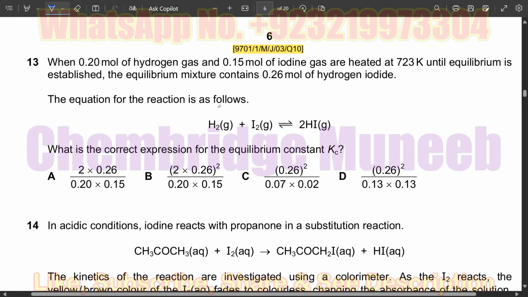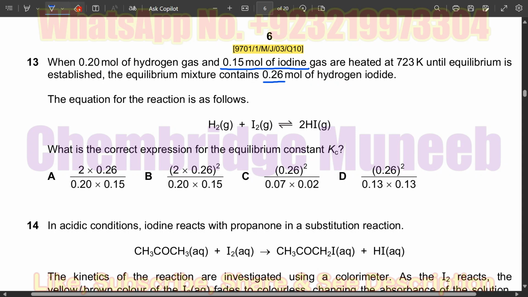We are given that 0.2 mole of hydrogen gas and 0.15 mole of iodine gas were used to heat, and at the equilibrium point we had 0.26 mole of hydrogen iodide.